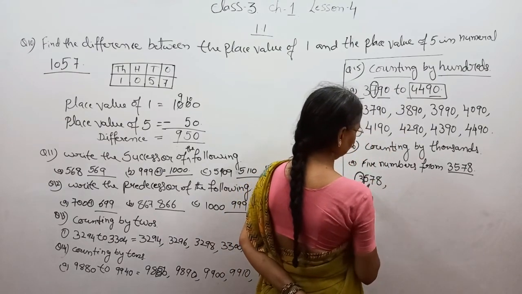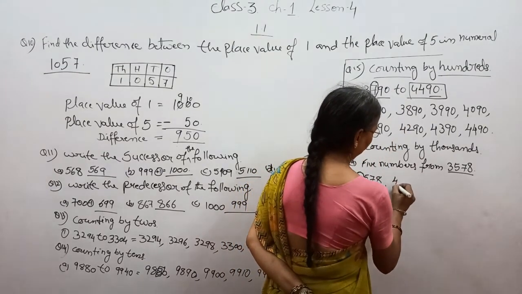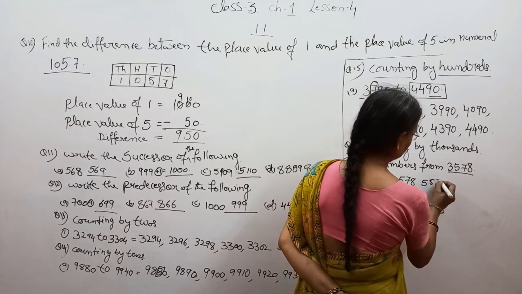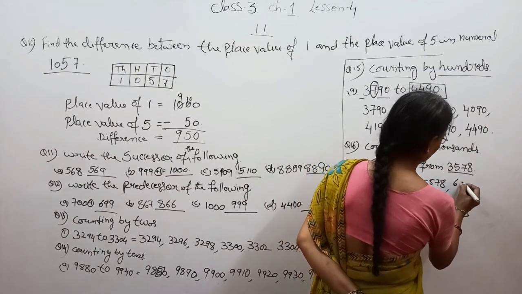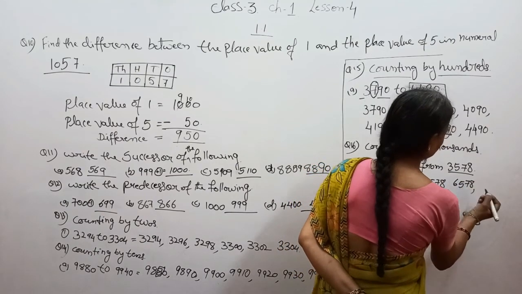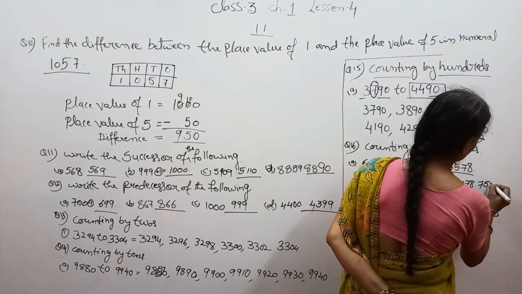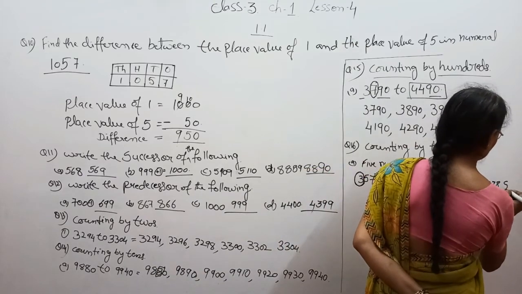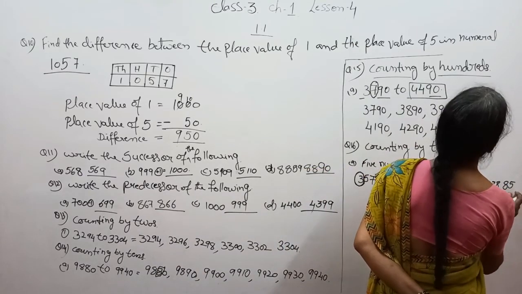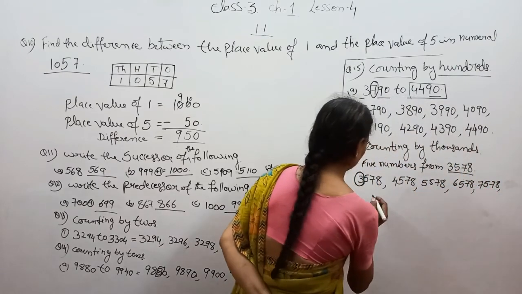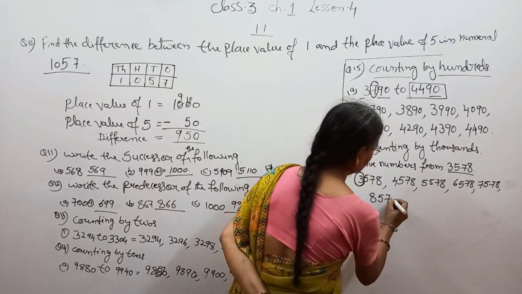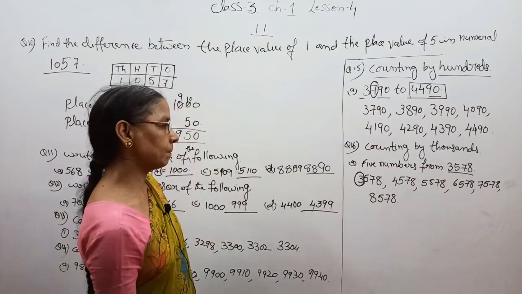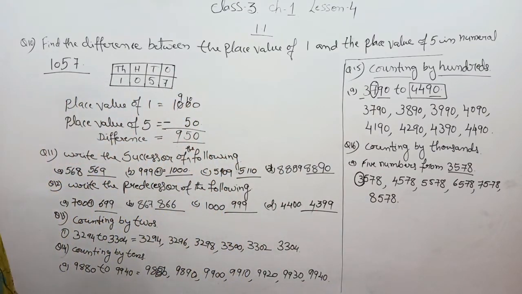That is 3,578, then 4,578, then 5,578, then 6,578, then 7,578, and lastly it is 8,578. Like this we have to change the numbers by counting from the given number.